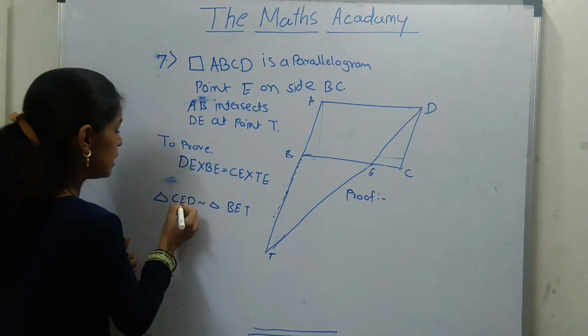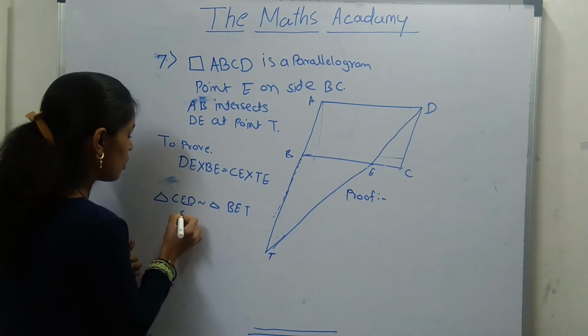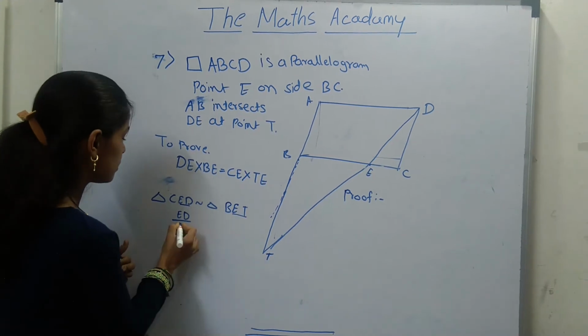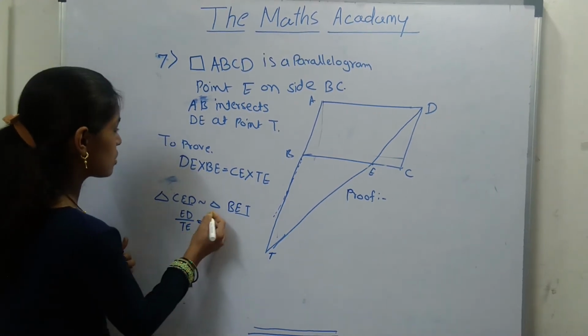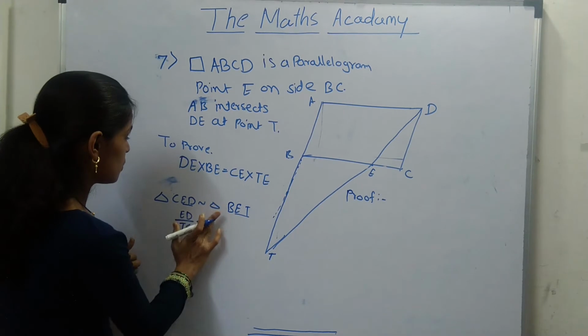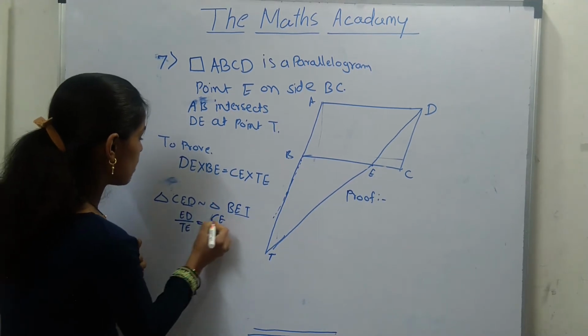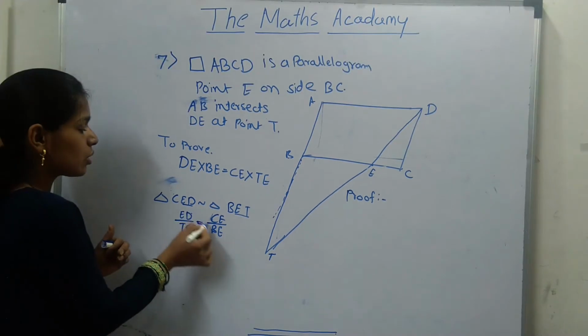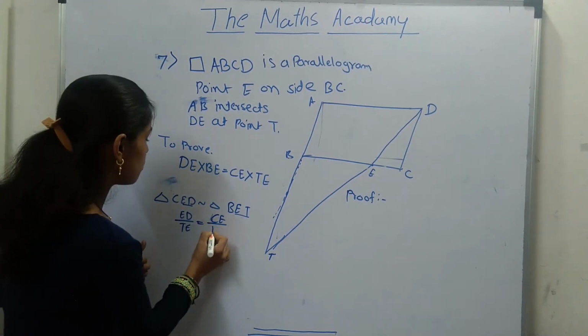That is DE upon TE is equal to CE upon BE.